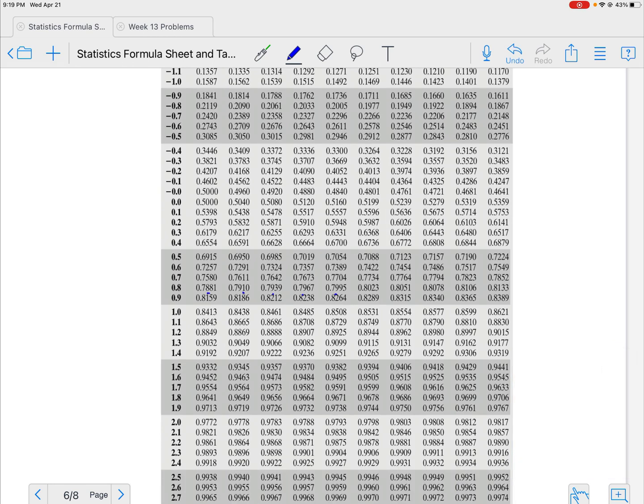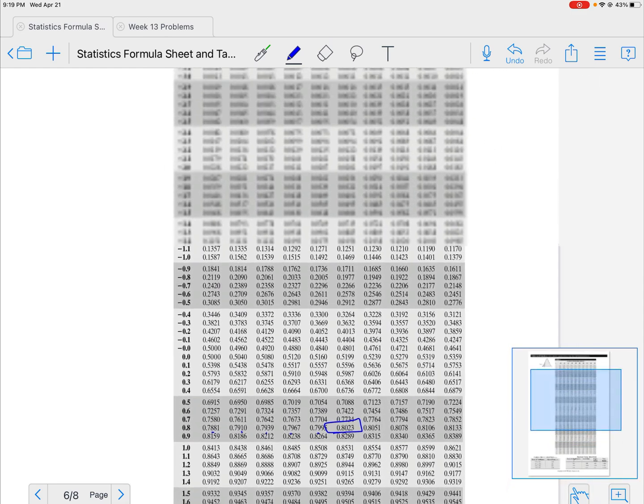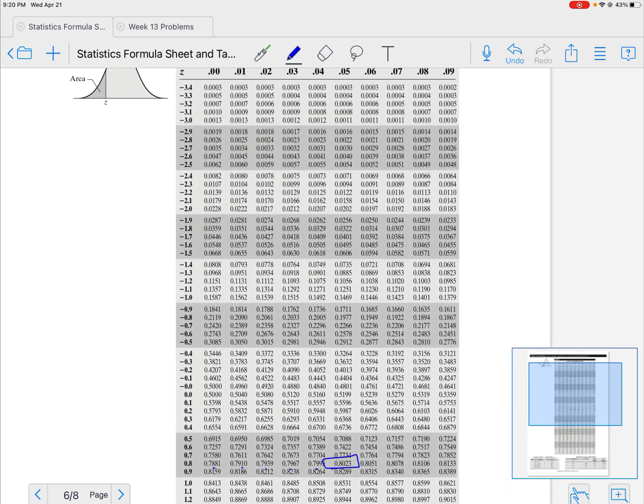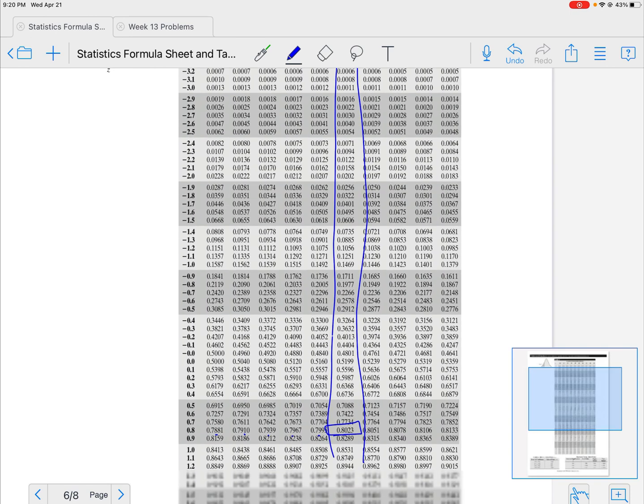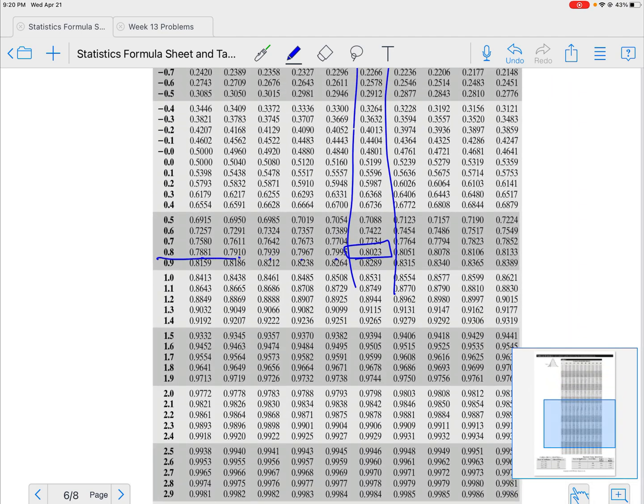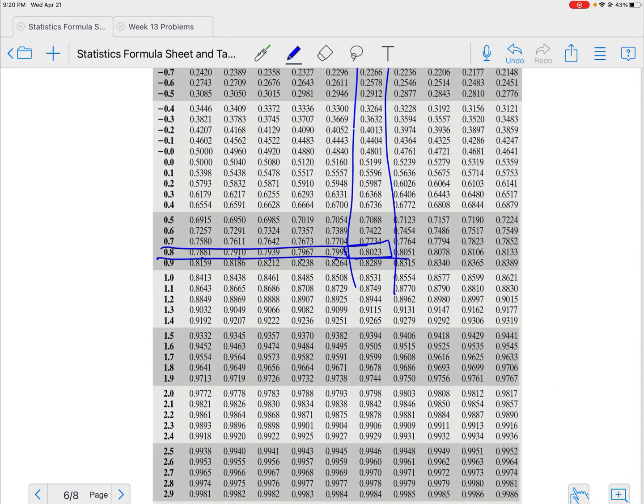I'm going to squeeze this in. See how this is 0.05 in my column? And then 0.8 comes across here, and that's how I get the 0.8023.